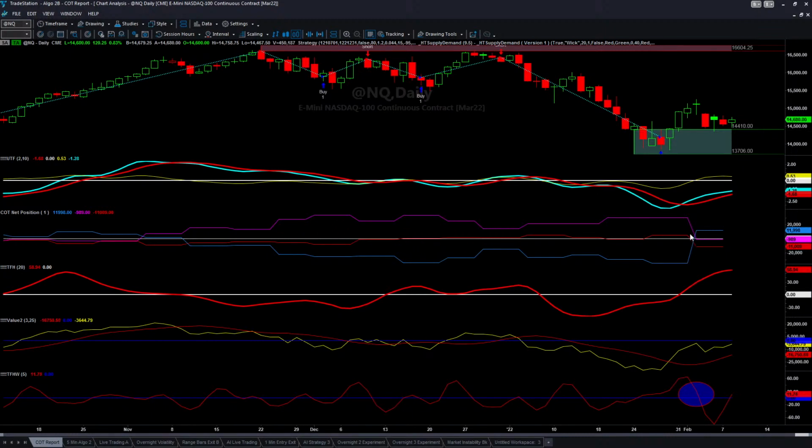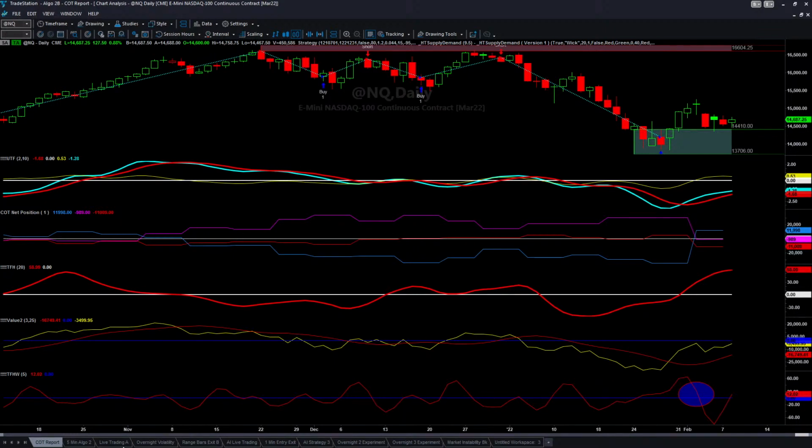And now that institutional flow is back in and we're above the 0 line down here, I expect to see a nice push up in the Nasdaq in the days to come. So keep an eye out for that. I'll post this as I do every day in the Discord group.